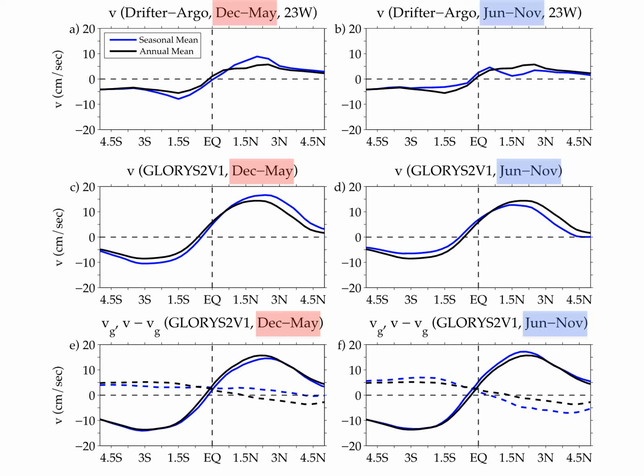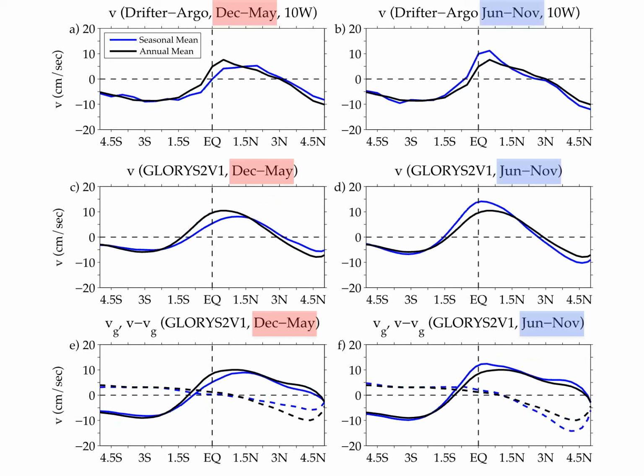So at 23 West, you have reverse seasonality of the surface flow than what you would expect to find. If you look at 10 West, though, you get what you expect. You expect that with stronger trade winds, both in the observations and in the model, you have stronger poleward flow in June to November.